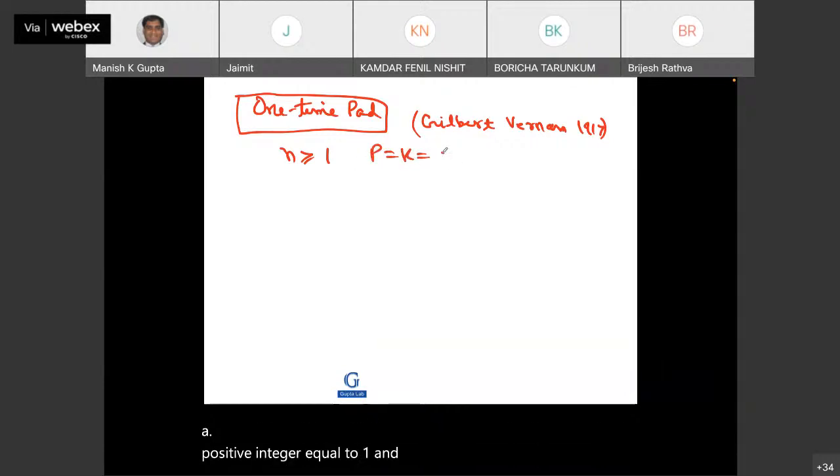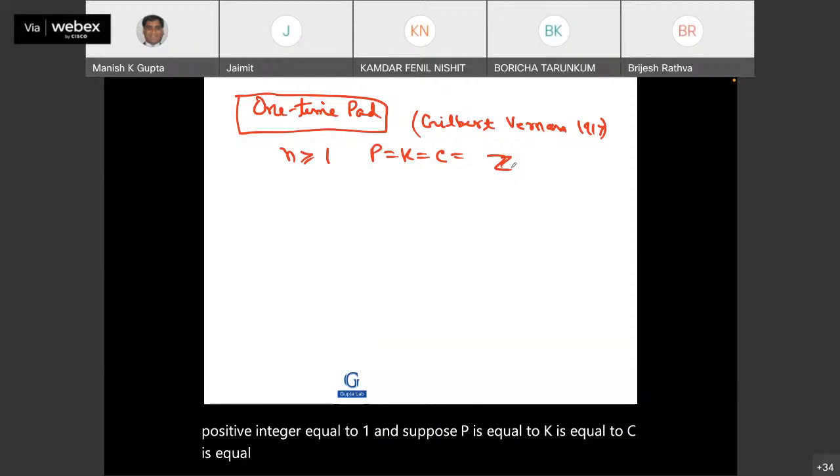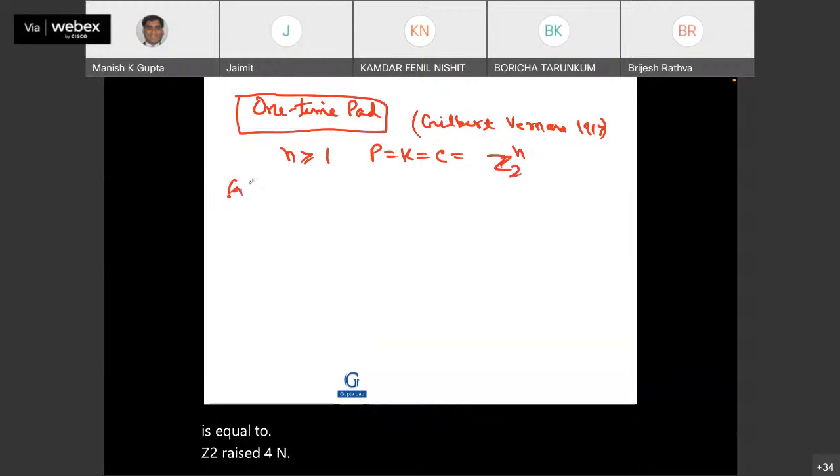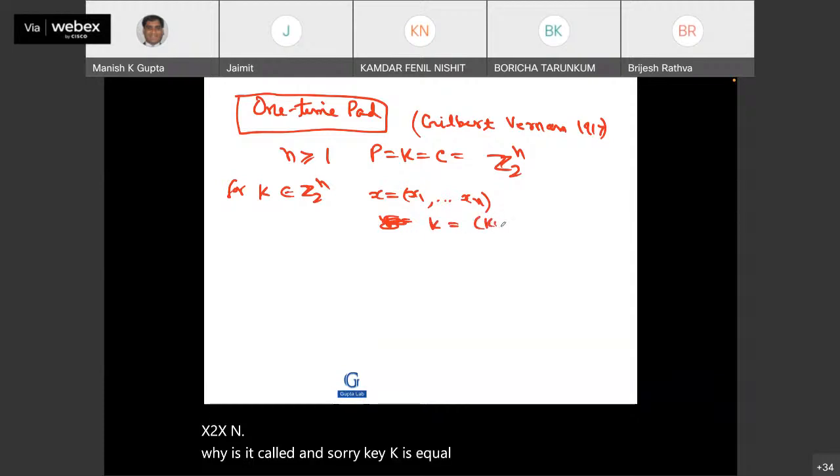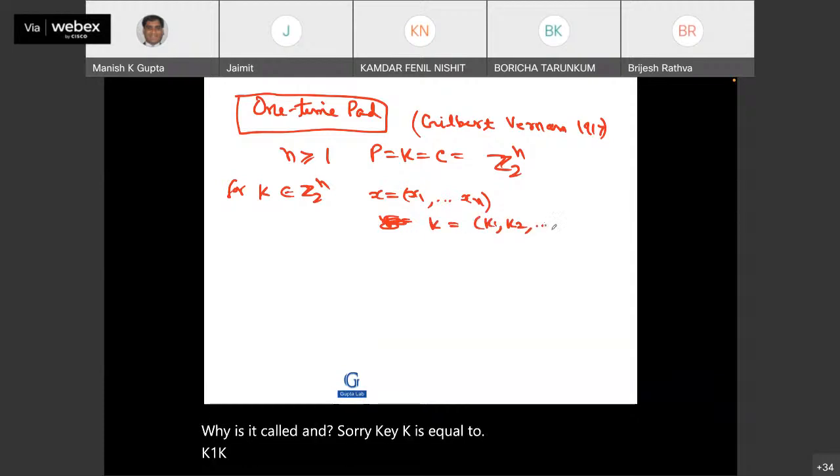So, if n is a positive integer greater than or equal to 1, suppose P = K = C = Z_2^n. For k in Z_2^n, we define x = (x1, x2, ..., xn) and k = (k1, k2, ..., kn).